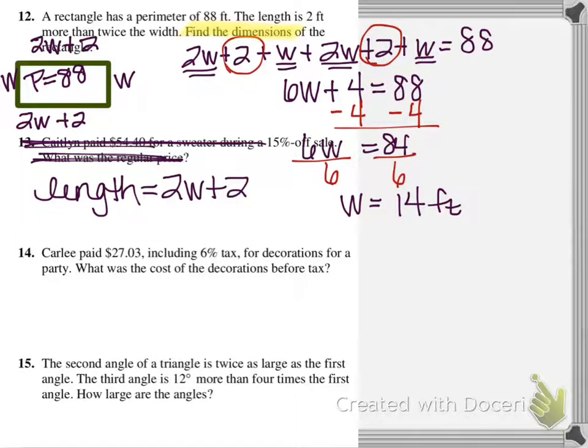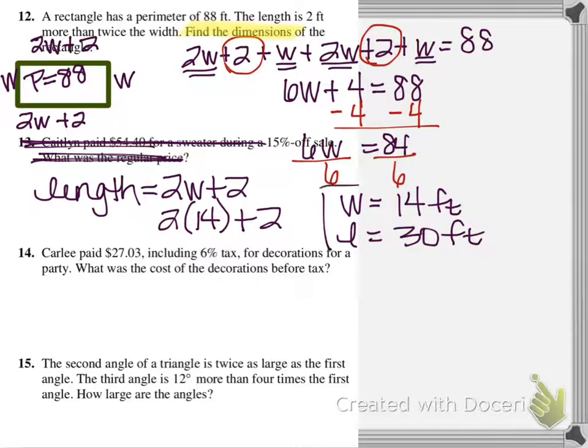We found the width to be 14, so 2 times 14 plus 2. So 2 times 14 is 28 plus 2, that's 30. So we know that our length is 30 feet. And there's your 2 answers, 14 feet by 30 feet.